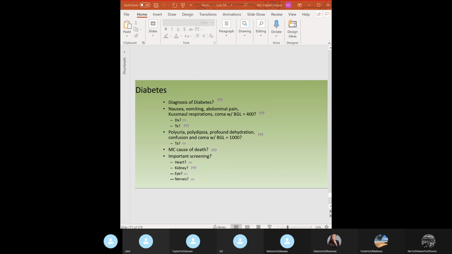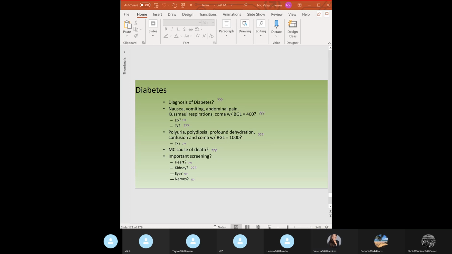Let's talk about diabetes. How do we diagnose diabetes? So we would need HbA1c greater than 6.5%, blood glucose, I believe it's higher than 200, fasting blood glucose higher than 120. Excellent.